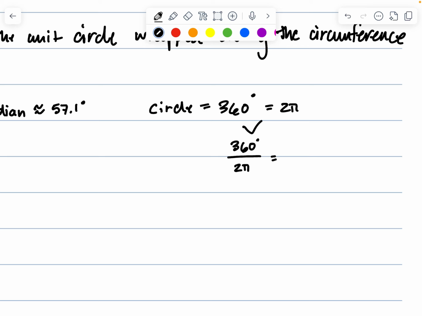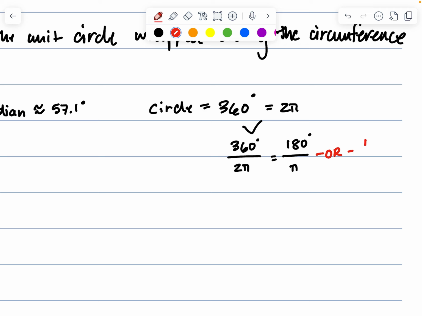So we could actually say 360 degrees can be divided by 2, so 180 degrees is equal to 1 pi. We could also flip this fraction around. So every 180 degrees is 1 pi. And then I'm going to put an or. We could flip the ratio.